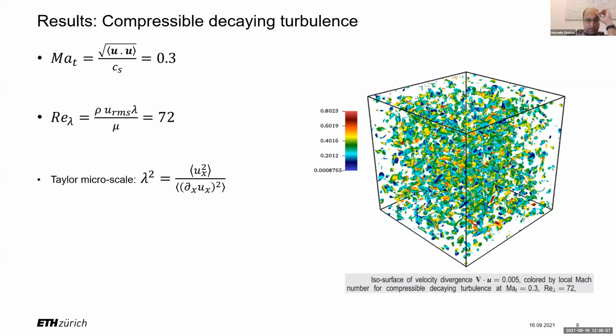Now the parameters for this problem: first is the turbulent Mach number, which is defined like this, and also the Reynolds number based on the Taylor microscale like this. Here U_RMS is the root mean square of velocity, and lambda is the Taylor microscale, which is defined like this.